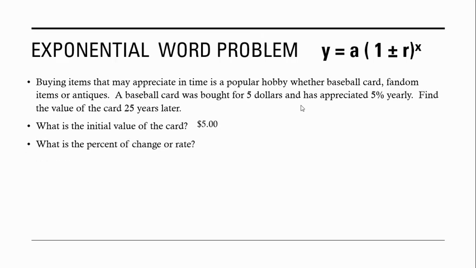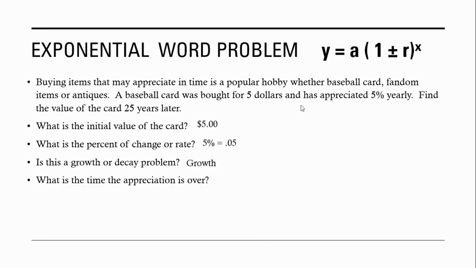What is the percent of change or the rate? 5%, 0.05. Is this a growth or decay problem? That's right, this is a growth problem. What is the time the appreciation is over? 25 years.